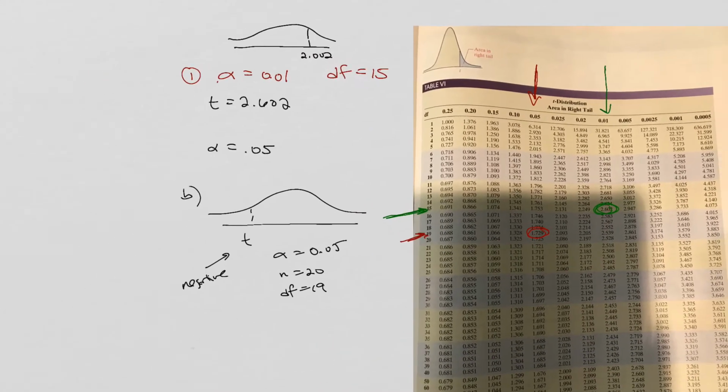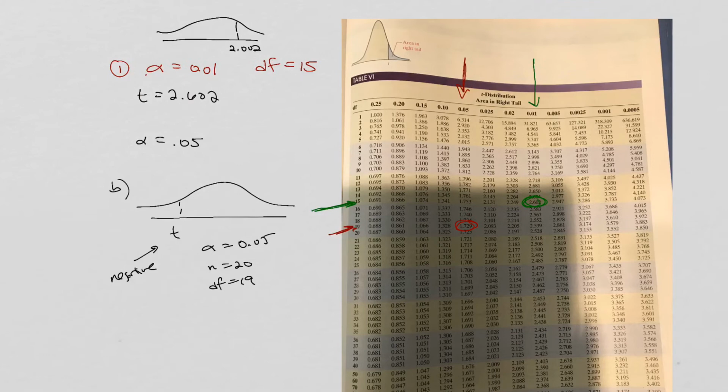But since this is on the left-hand side, we'll make that a negative 1.729. Right? And then for part C, so let me write it up here.